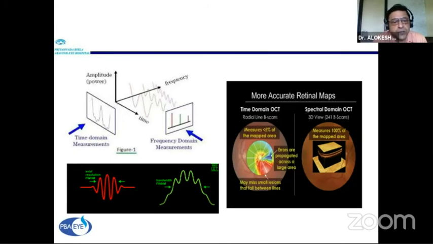Time domain OCT measurements are dependent on the time lag of the reflected interference of the waves, whereas in frequency domain measurements, we get a more uniform bandwidth. In time domain OCTs, radial line B scans are performed.